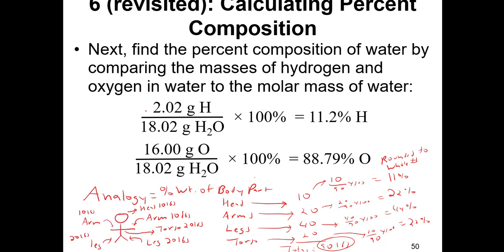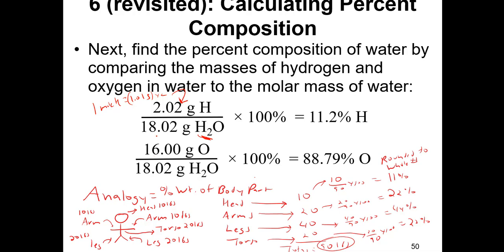Each hydrogen, so you can consider this 1 mole of hydrogen, is going to be 1.01 grams. Because there's going to be 2 hydrogens that I am underlining, then it's going to be 1.01 times 2. So that's the total weight for the hydrogen element.